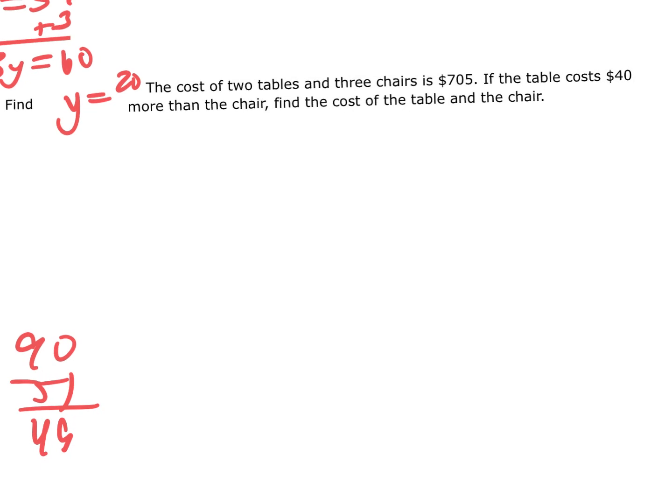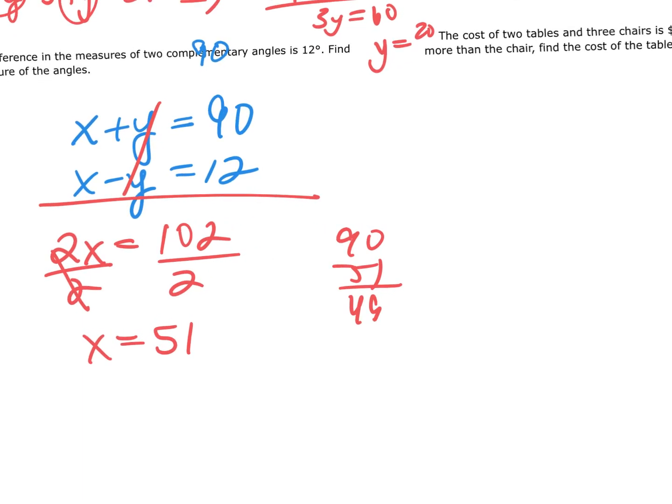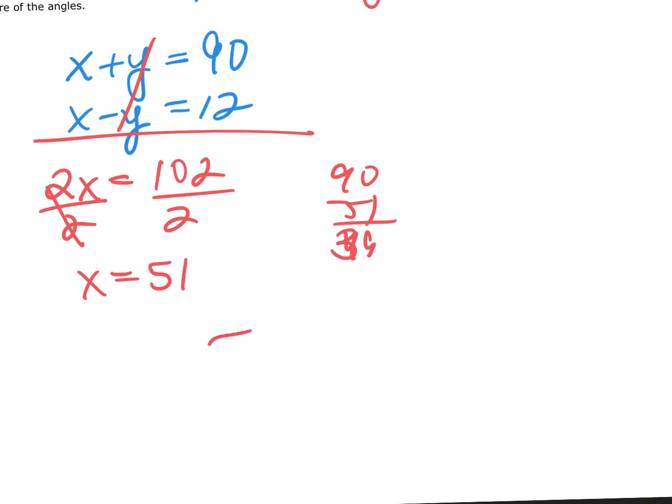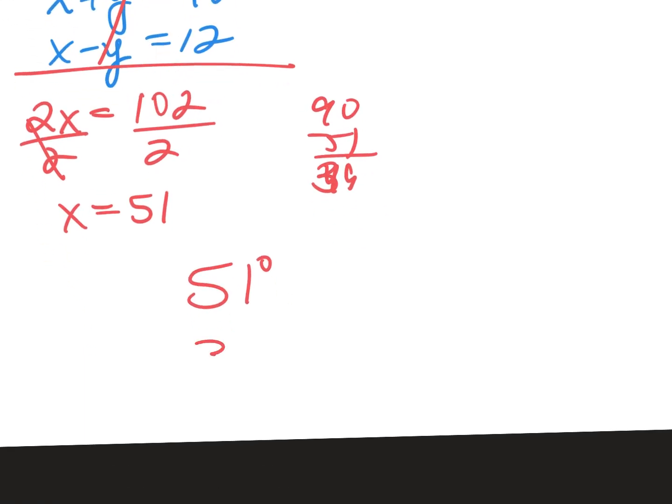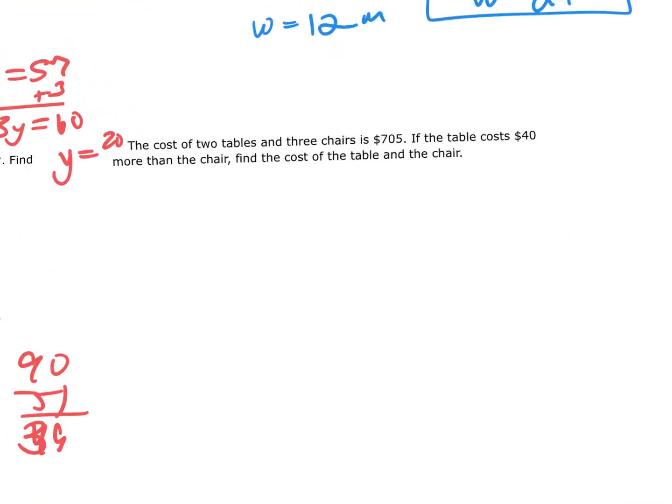Yeah, 39, right? 51 and 39. So 90. So X is this, Y is this. Doesn't matter if X or Y, but one is 51, one is 39. Agreed? Okay, good.